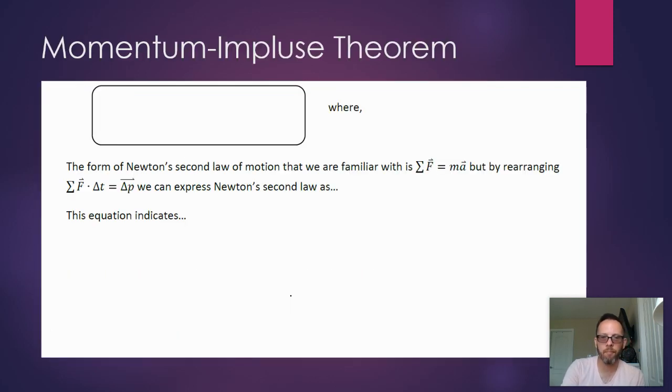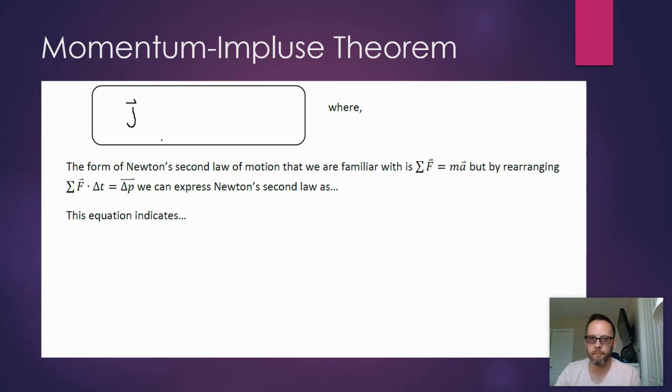Moving forward, we have an equation for impulse. The symbol we use for impulse is capital J. I believe I have seen some resources use an I, but the problem with using capital I is that it's reserved for current when we talk about electricity and magnetism. So the symbol I'm going to use for impulse is capital J.